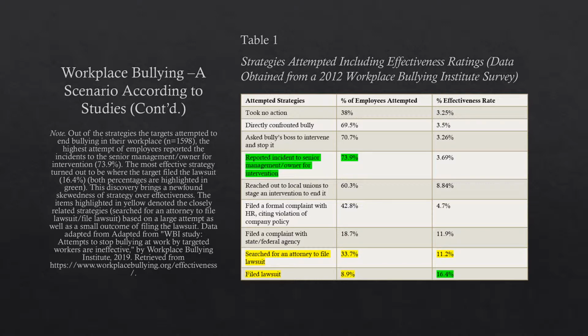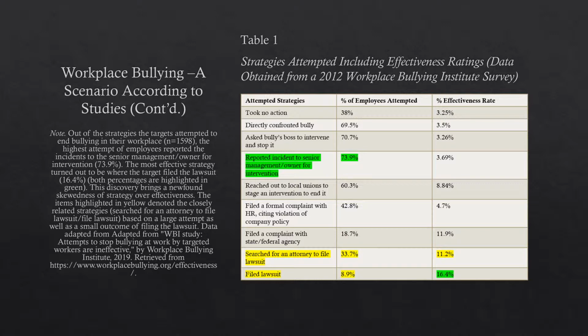And that was 73.9%. And the effectiveness rate column, you have where it was more effective for employees to have actually filed a lawsuit. And this goes with what I have highlighted here in yellow, where 33.7% searched for an attorney to file a lawsuit, but 8.9% actually got a chance to file a lawsuit.